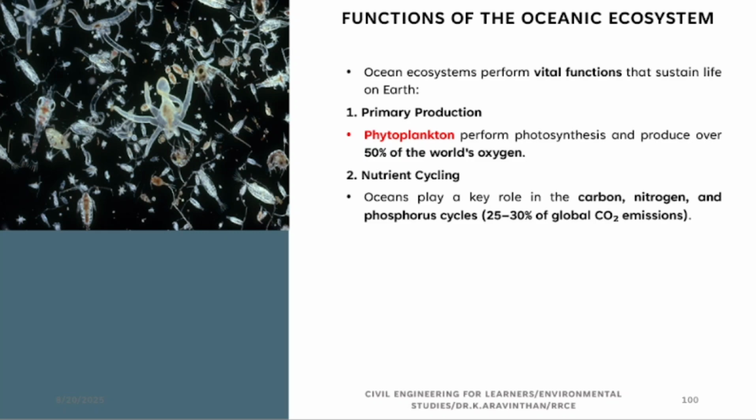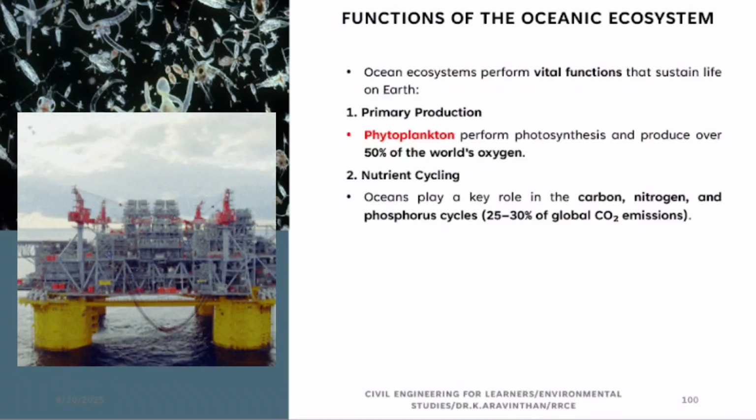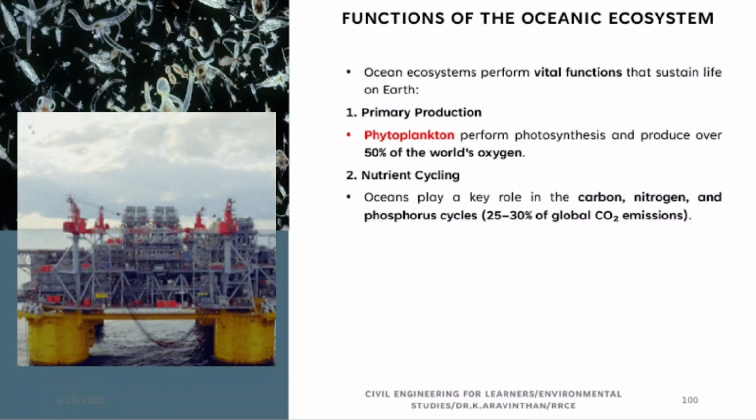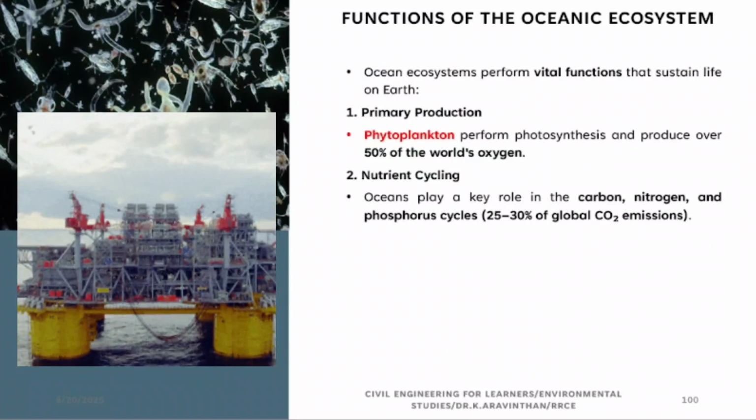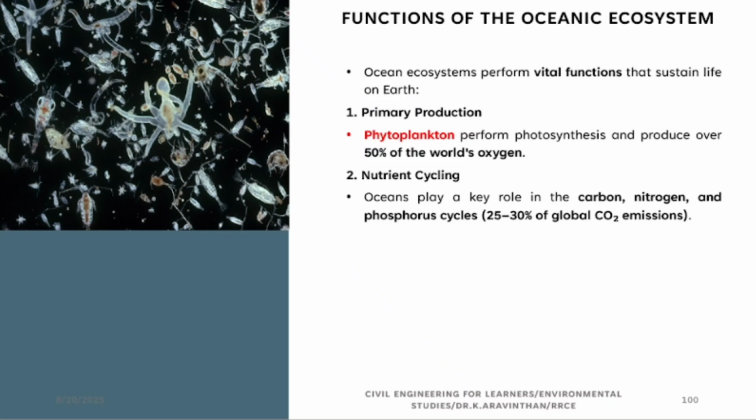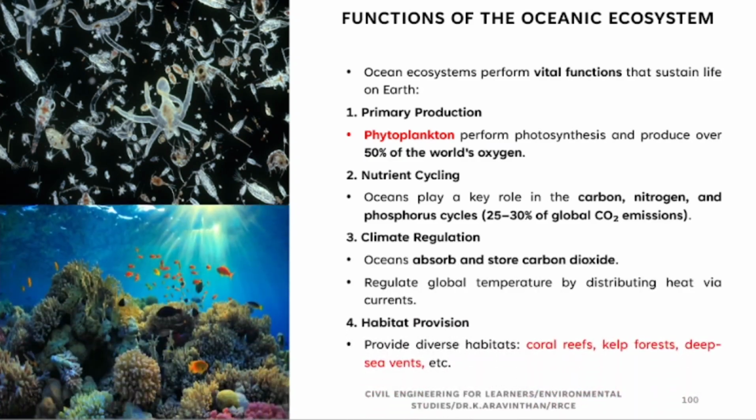Maximum oil is available in the ocean. Have you seen offshore platforms? They drive deep into the ocean and they dig the crude oil. That is how the carbon is stored inside the ocean. And 25 to 30% of global CO2 emission is being recycled. So this is one of the advantages or functions of the ocean.